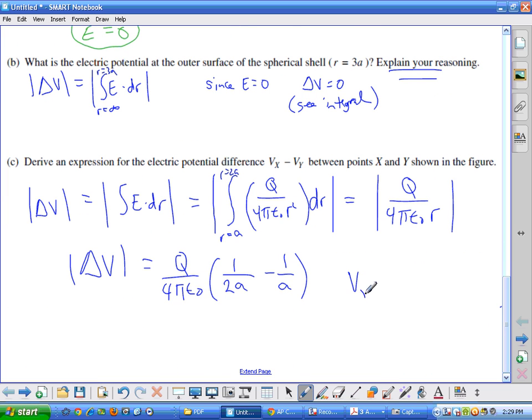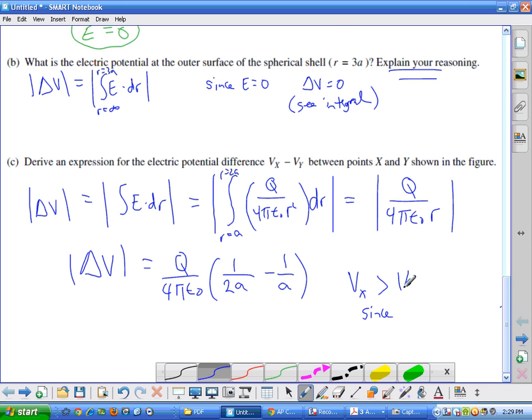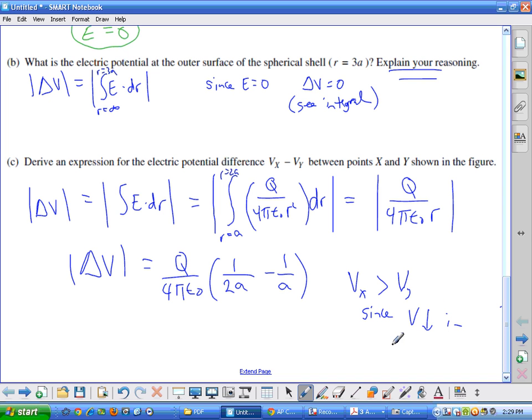So Vx is greater than Vy, since the voltage decreases in the direction of the electric field. So this voltage difference is going to be positive.